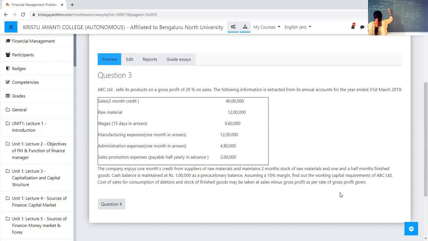So on sundry debtors, I will take 40 lakhs into 80% only, because I am concerned only with cost information and not with profit information. And how much duration have they given me? Credit duration is 3 months.